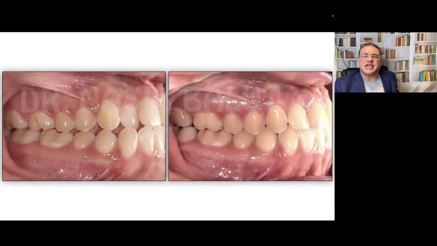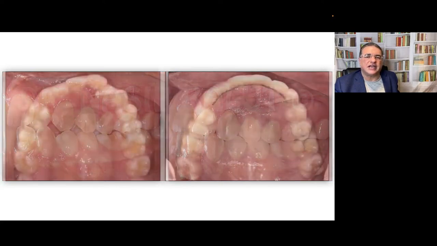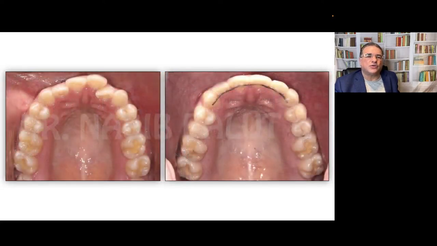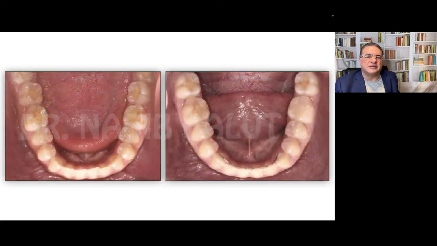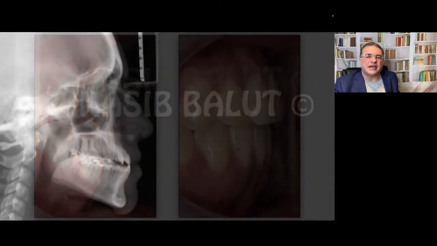And here she is at the end of the treatment: the way we corrected the class 3 on the right side, the class 3 on the left, the amount of arch development in the upper and lower arch, and how we improved the overbite and overjet.